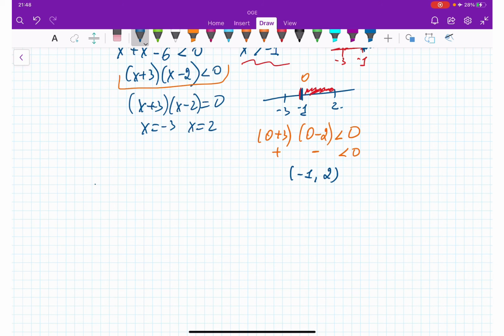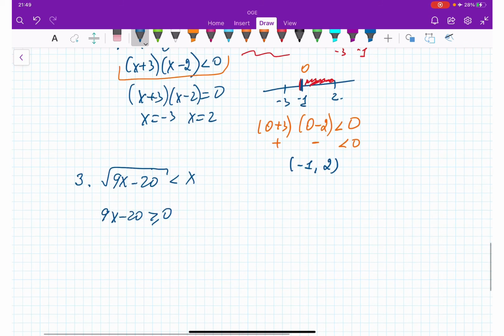Okay, and we solve the last case. We have square root of 9x minus 20 less than x. This inequality is equal to the following system of inequalities, where the first condition is 9x minus 20 has to be greater or equal 0.